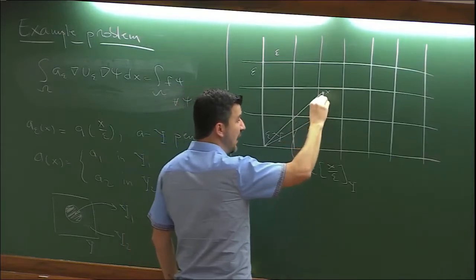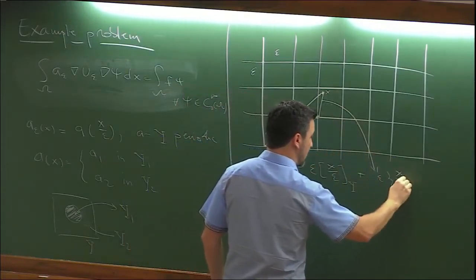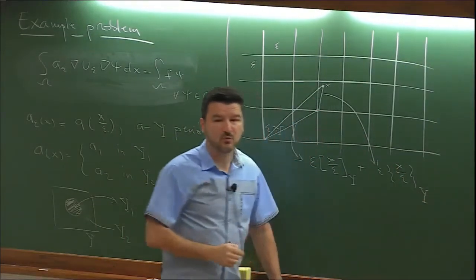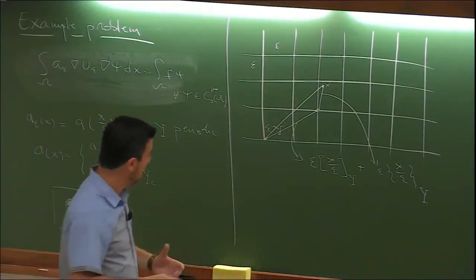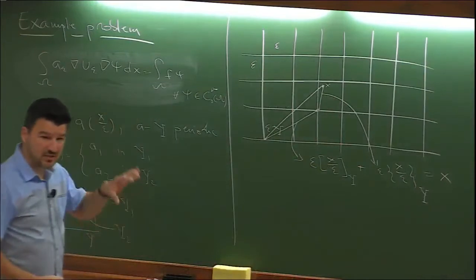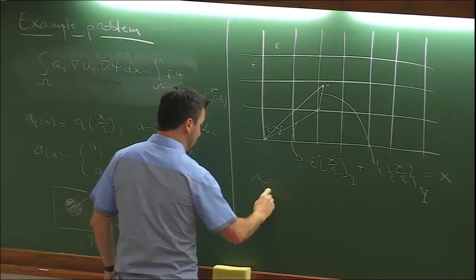And where it is in the cell is given by epsilon times the fractional part. Again, if you imagine Y to be the unit cube, this is the classical fractional part, and that's what we had for x. So let's picture this geometry as well.